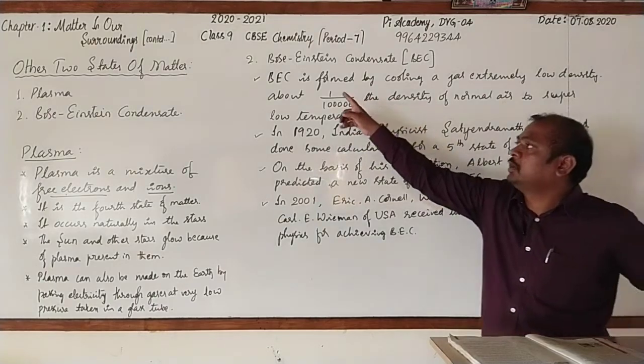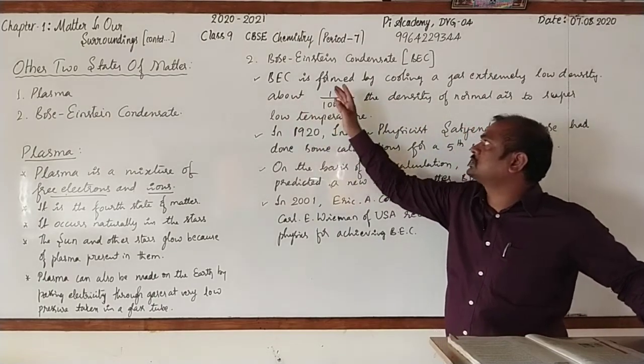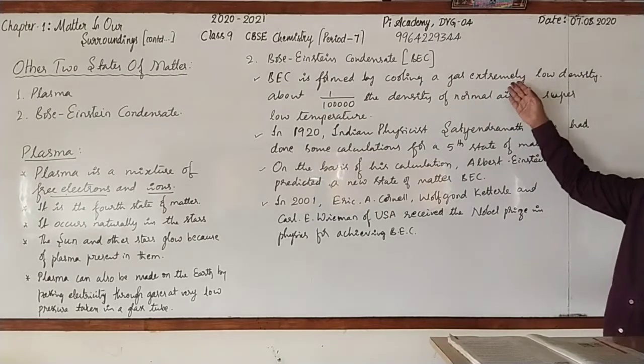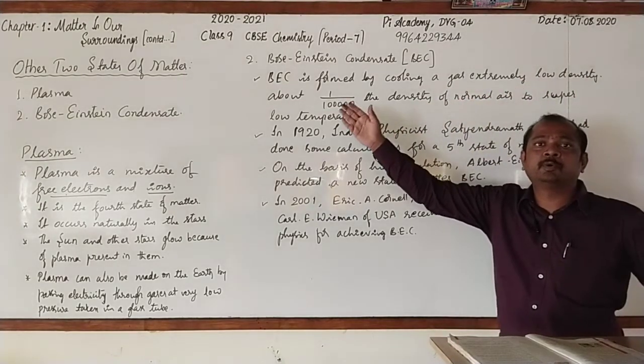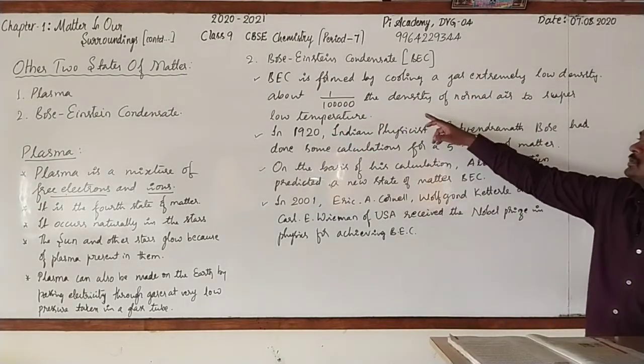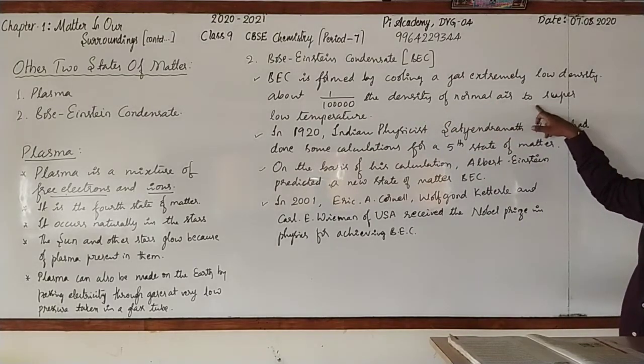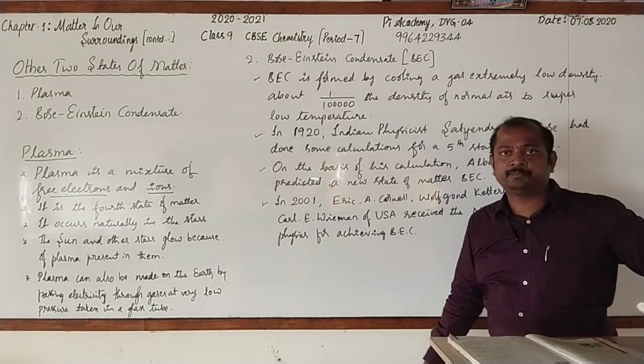Once you go through that: Bose-Einstein condensate is formed by cooling a gas of extremely low density, about 1 lakh times less than the density of normal air, to super low temperature.